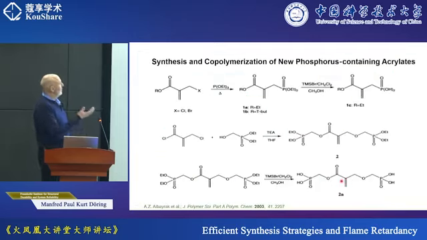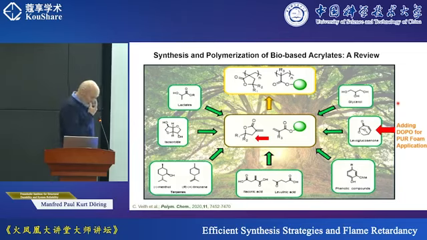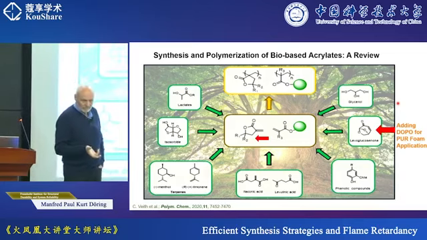This is only a review to see what is possible to create with phosphorus and different phosphorus acrylates. You have a lot of possibilities here. You can do this or not. Here are very interesting things. Of course, you can get acrylates from nature.